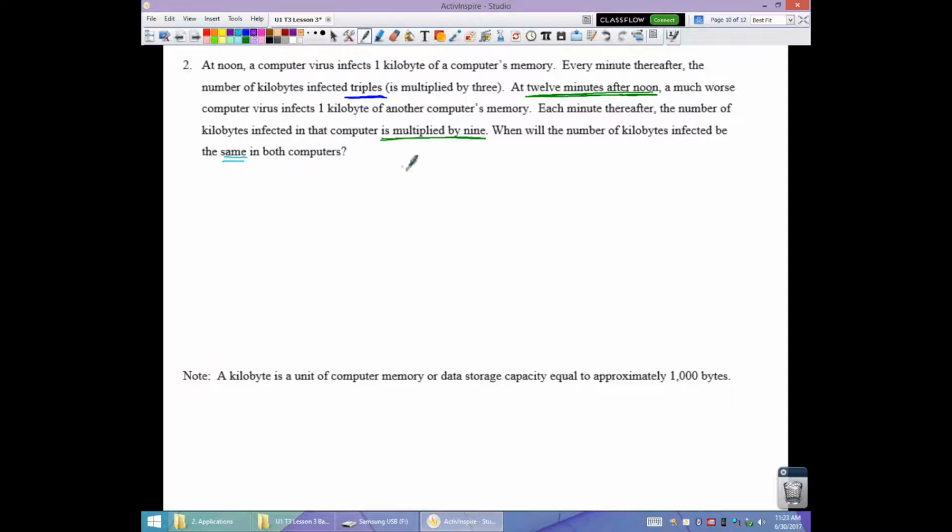So our let statement again, we want it to represent the amount of time since the first computer was infected. Well, that happened at noon. So x is going to be the minutes past or after noon. This first computer started with 1 kilobyte, so we just have to triple that 1 kilobyte every minute.